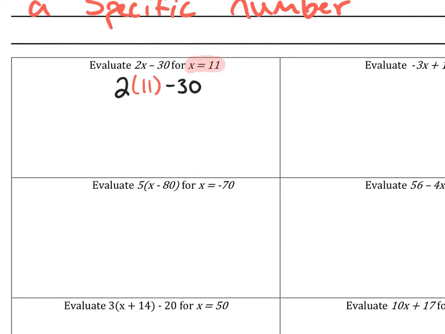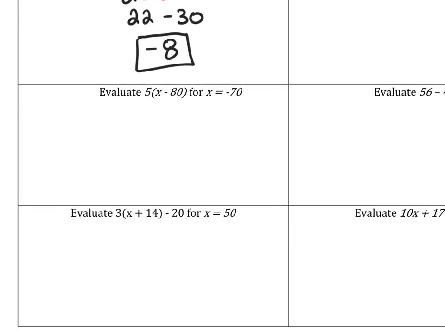And then you just simplify. It's following PEMDAS at that point. So 2 times 11 is 22. Minus 30, so 22 minus 30 becomes negative 8. Okay? Yeah, guys, it's really simple.